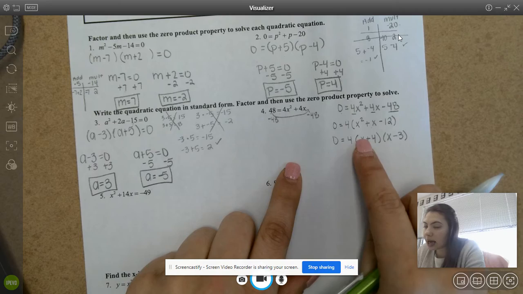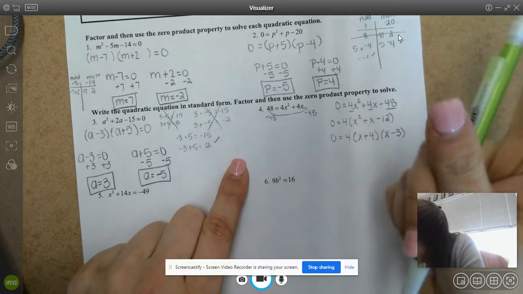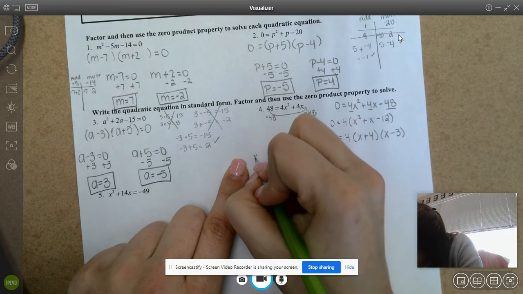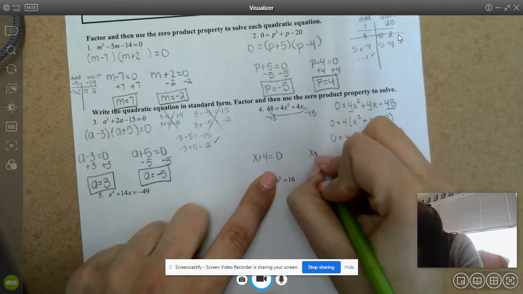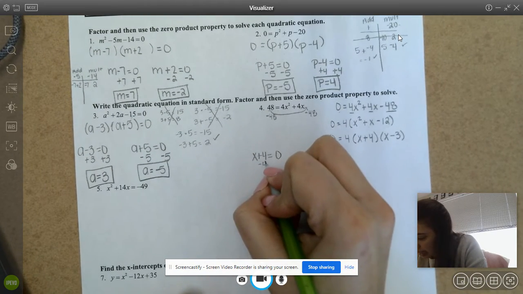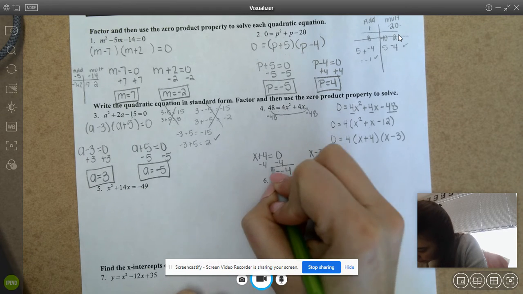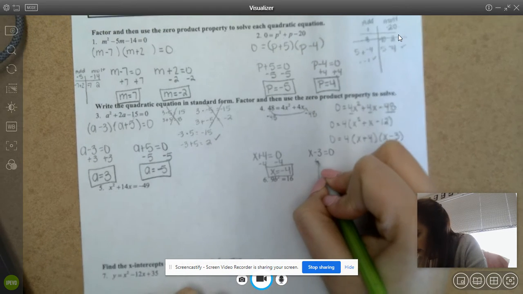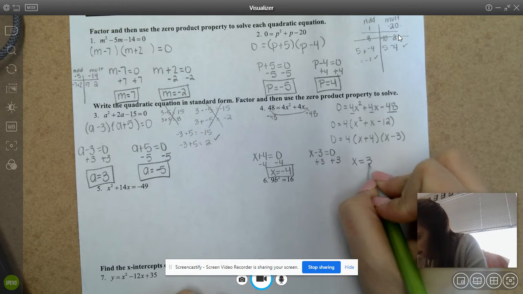So the only thing that we're actually going to set equal to is just this x plus 4 and this x minus 3. We're going to go ahead and subtract 4 from both sides. We're left with x is equal to -4. We're going to go ahead and add 3 to both sides, and we're left with x is equal to +3.